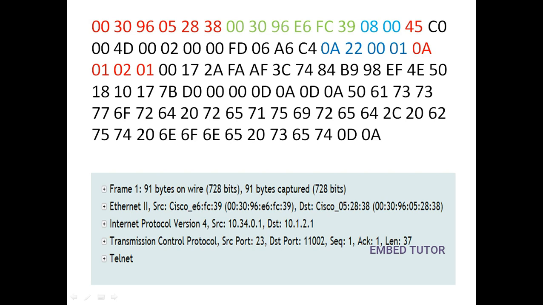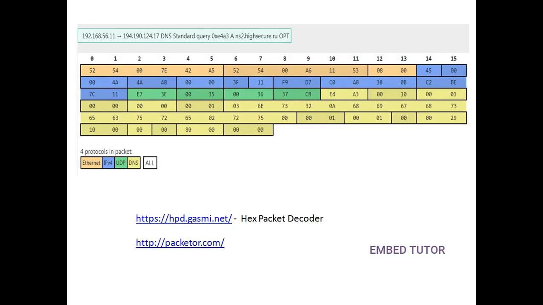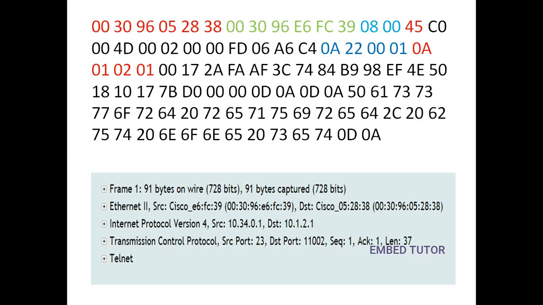We have a separate session on analyzing this bit by bit, but in this session you can see the source MAC address and the destination MAC address followed by the source IP and the destination IP. 0A220001 marks the source IP, which is 10.34.0.1, and the destination IP is 10.1.2.1. So from that you can have a clear idea about how the MAC address and the IP address are embedded in the frame.